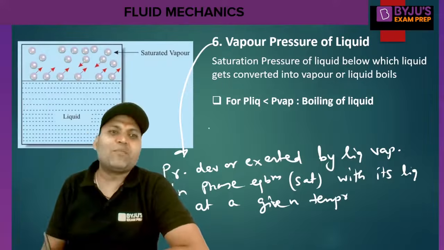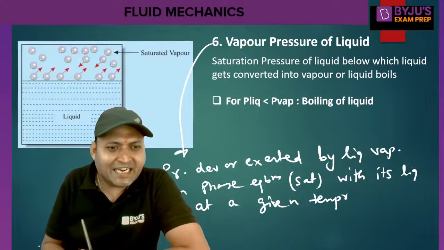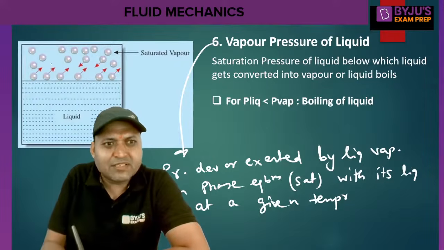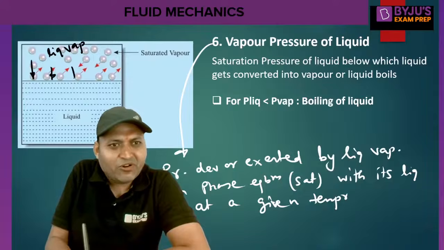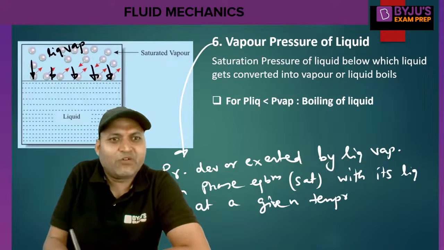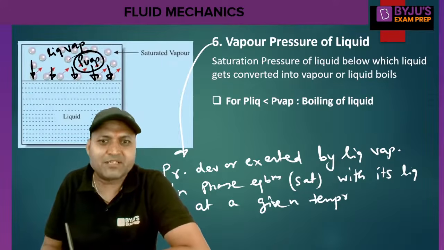These are the liquid vapor. The pressure exerted by the liquid vapor in phase equilibrium with its liquid at a given temperature is called vapor pressure.